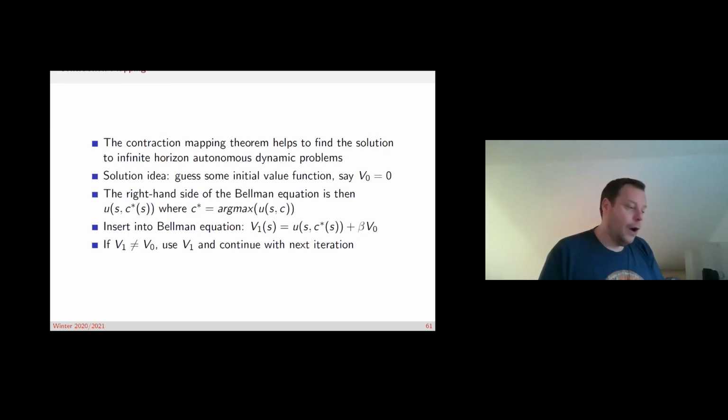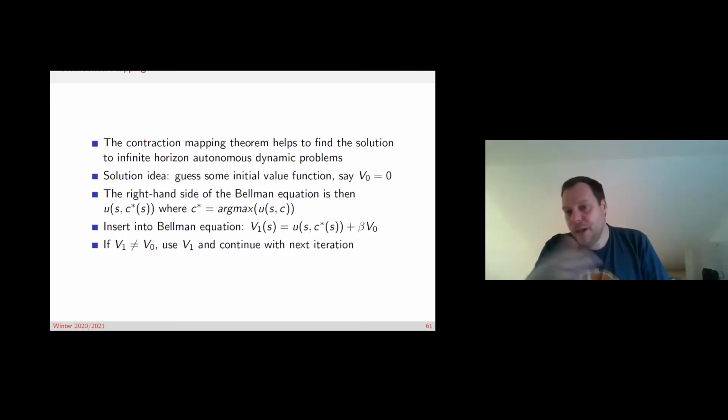Okay, so we start out with a V0, then we apply the operator on this construct. And what we then have is a new function, which is called the V1 of S. And the 1 and the 0 do not relate to time, but to steps in the iteration process. Okay.